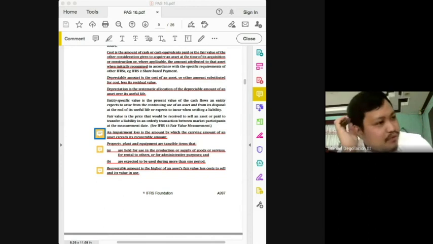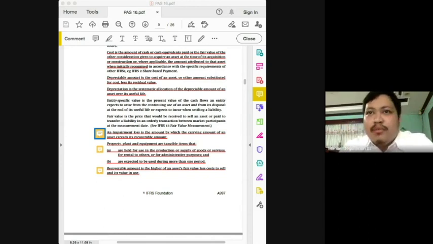Now, again, this can be confusing on the part of the students because there are two ways of looking at it. By focusing on the carrying amount, or by focusing on the recoverable amount. So if your focus is on the carrying amount, there is an impairment loss if the carrying amount is greater than the recoverable amount.